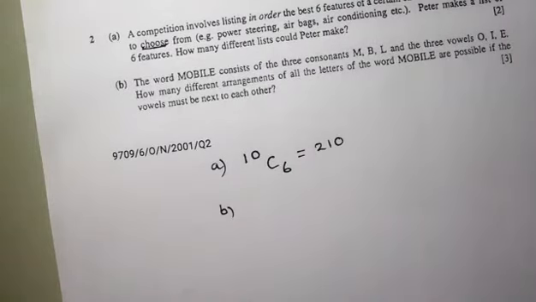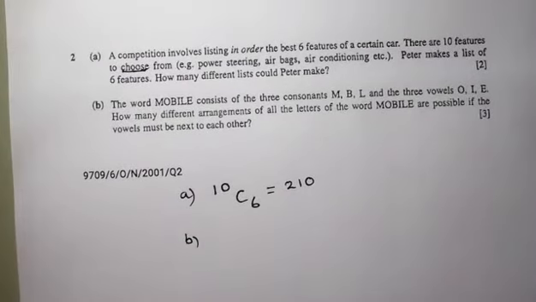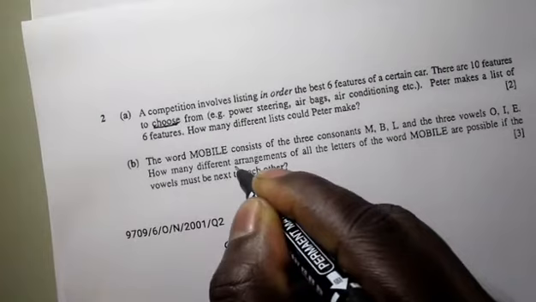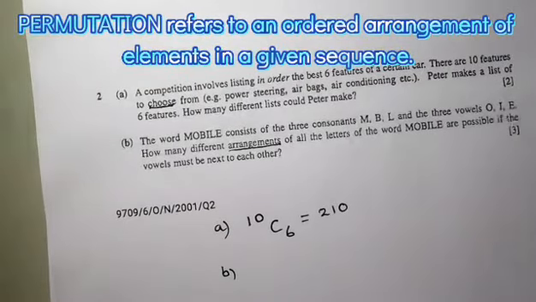It reads, the word mobile consists of 3 consonants, M, B, L, and 3 vowels, O, I, E. How many different arrangements? If you see this word arrangement, it means that we are now dealing with permutations, right?